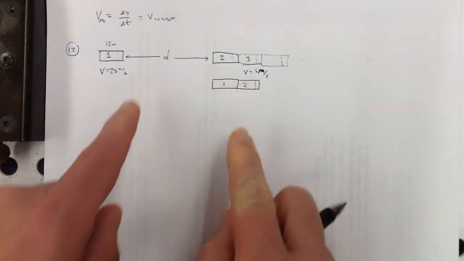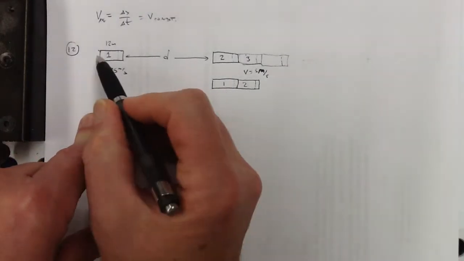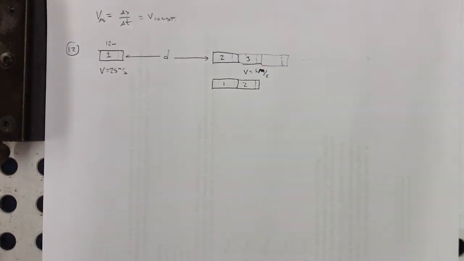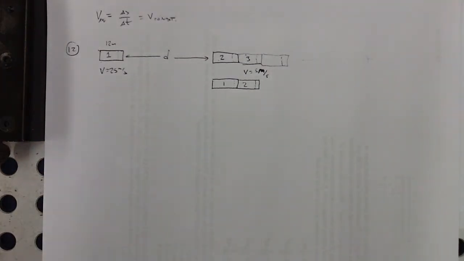So if car 1 replaces car 2 just as car 2 gets to here, then the traffic shockwave stays in place.